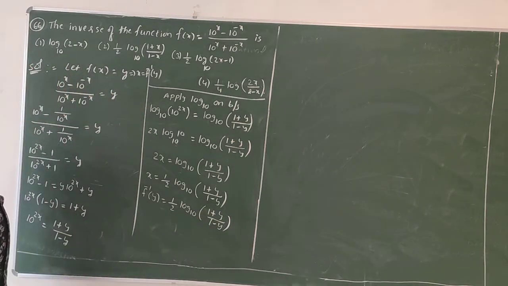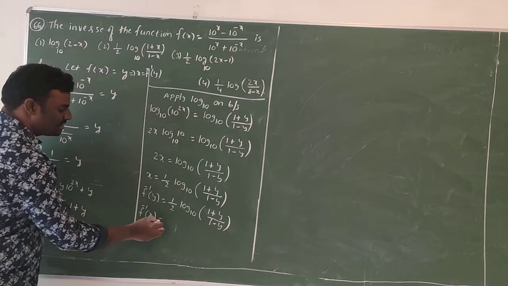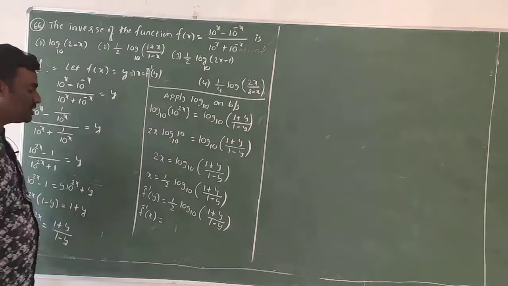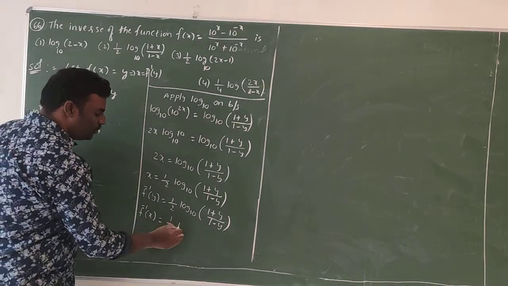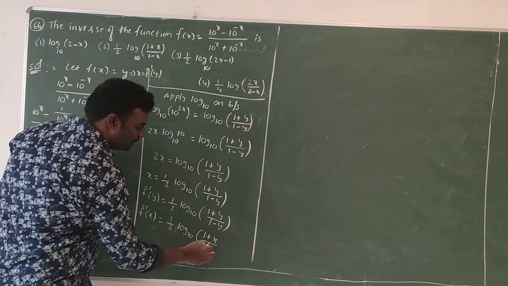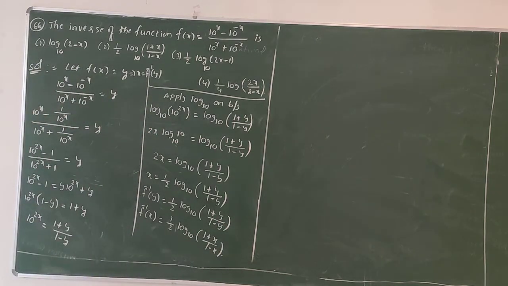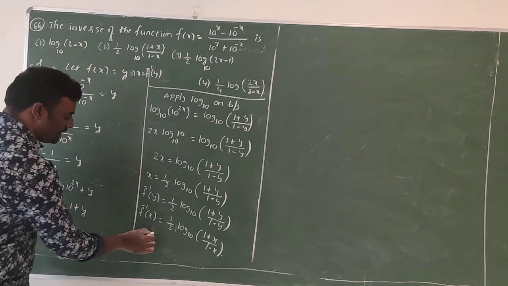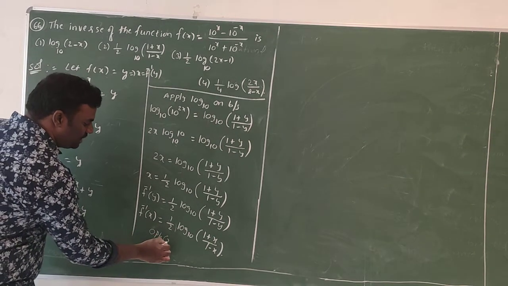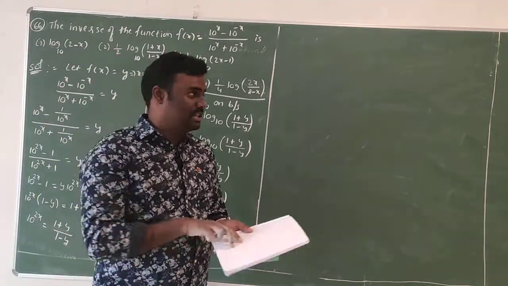But in the question, the answer is given in terms of x. That's why you replace the variable y with x. Then f inverse of x equals 1 by 2 log base 10 (1 plus x) by (1 minus x). This is the inverse of this given function f of x. That is nothing but option 2 is the correct answer for this question number 66.